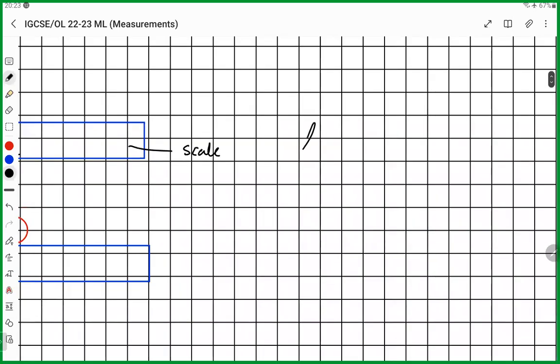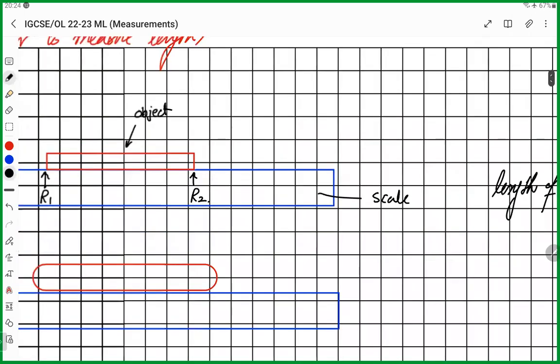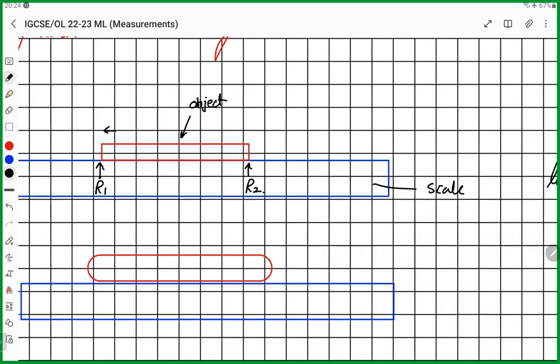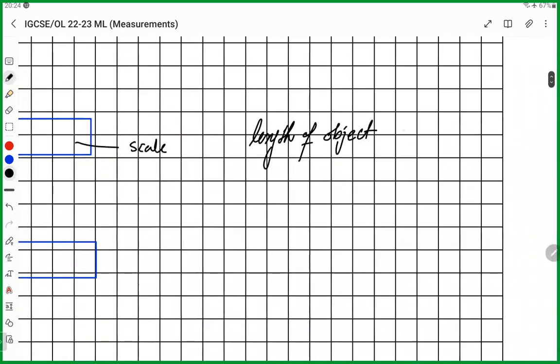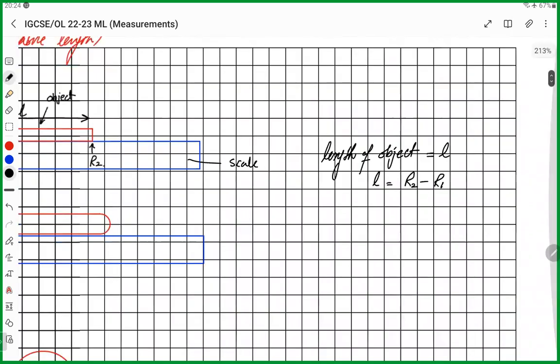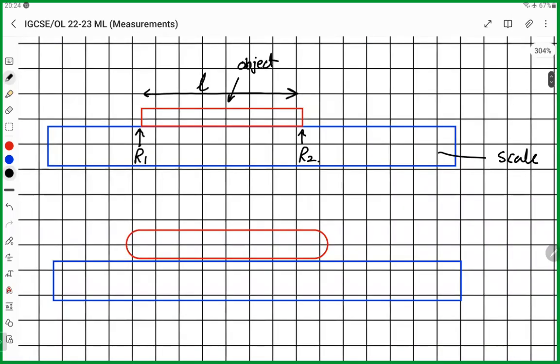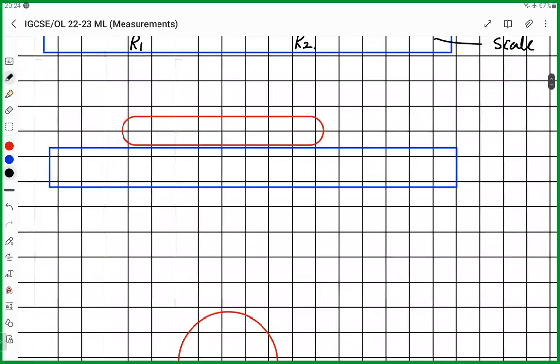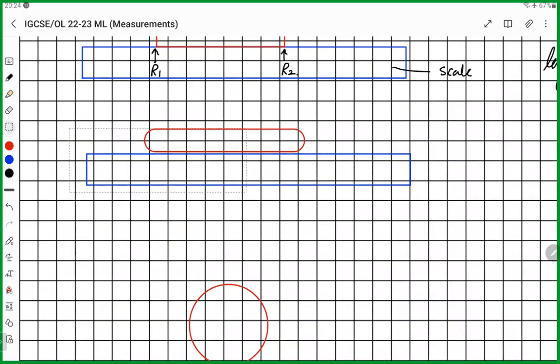And the length of the object, which is from there to there, length of object equals L. And L will be very simply reading number two minus reading number one. Does that make sense? Yes. Reading number two minus reading number one will be the length of the object here.